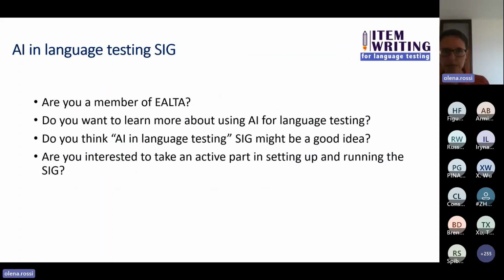Well, I've talked enough, and I'd like to end this presentation with a call to start a new special interest group within EALTA, AI in language testing. And I'm not only talking about AI for item writing here, because it has lots of applications in language testing besides item writing, like test delivery or scoring of responses.